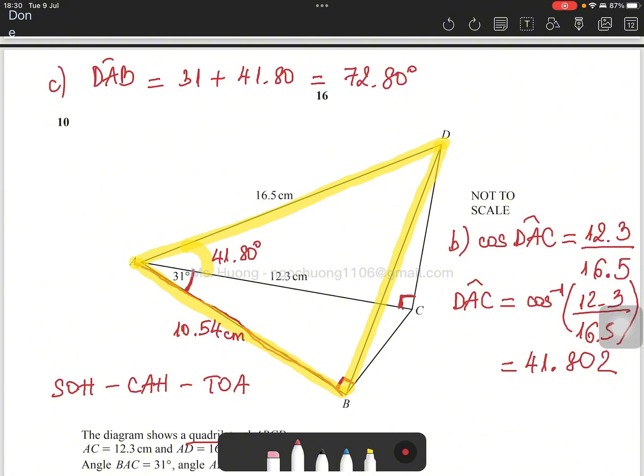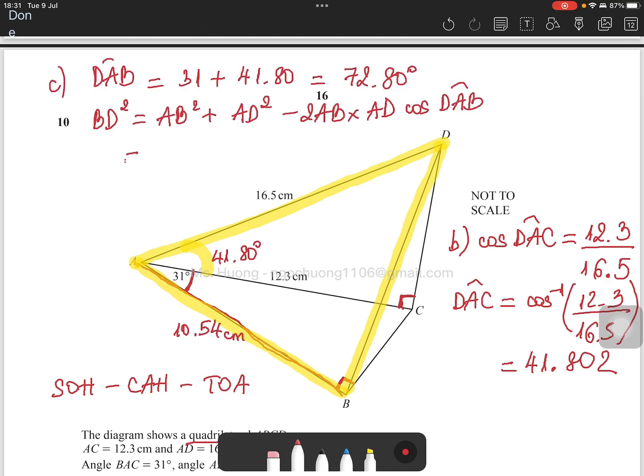And in this question, we already have the angle DAB. We also have the length of AB and AD. So we can apply the cos rule to find the length of BD. BD squared is equal to AB squared plus AD squared minus 2 times AB times AD times cos of the angle DAB.